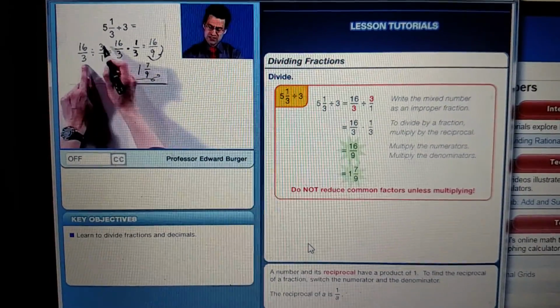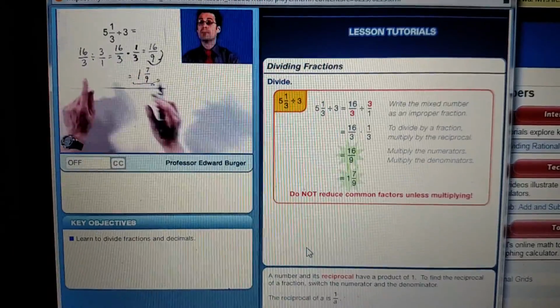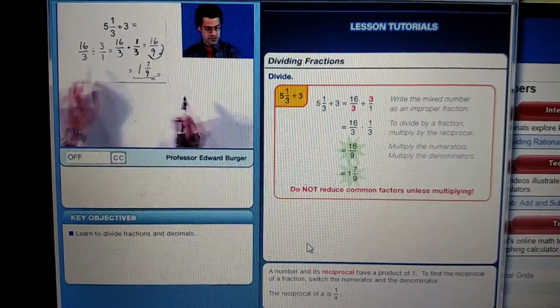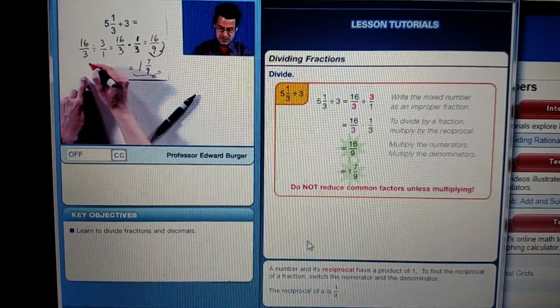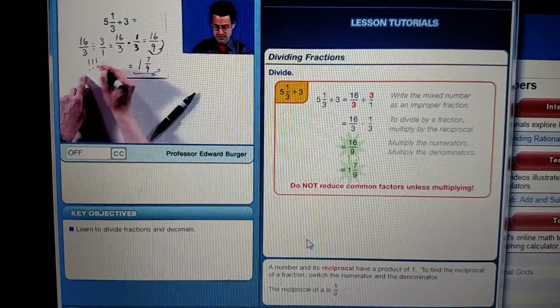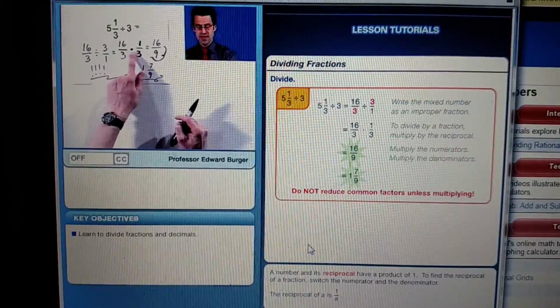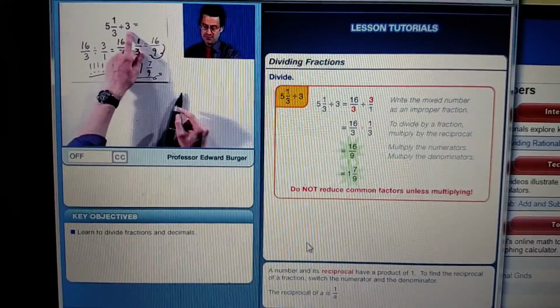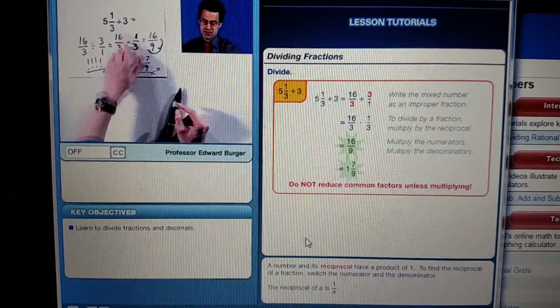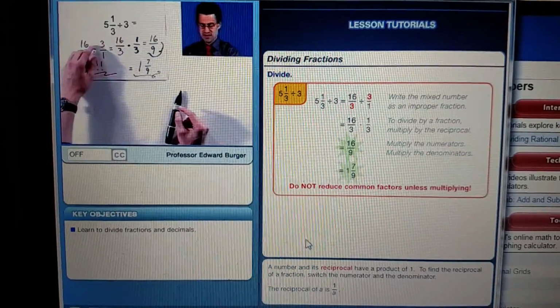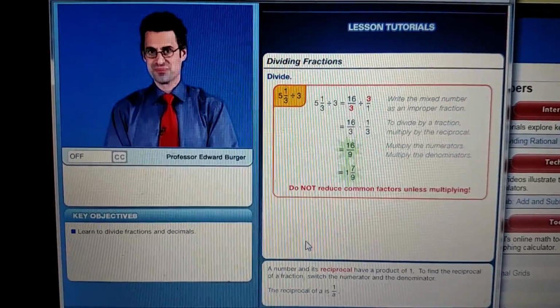But here, it looks like you want to be able to reduce, but you can't. So be very, very cautious. You can only reduce when you're multiplying. Neat. Otherwise, go right ahead and change the division to a multiplication and take that second number and look at its reciprocal. Fun stuff.